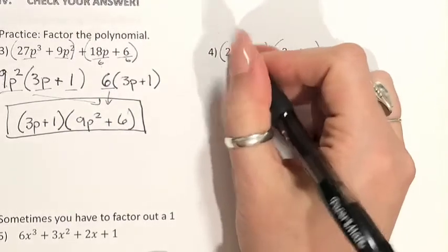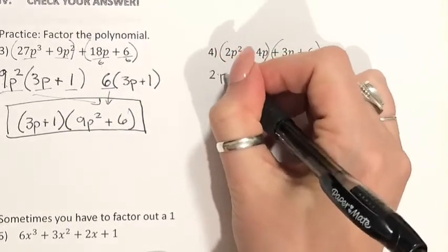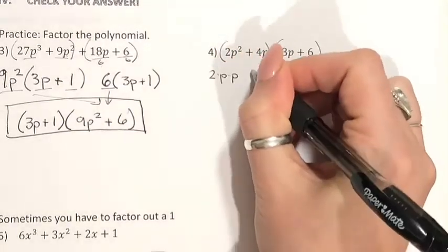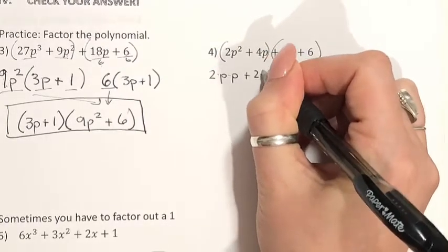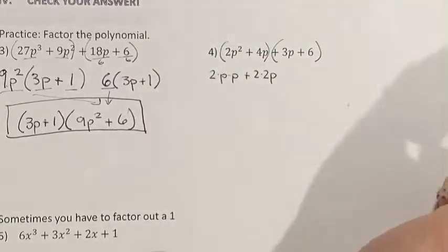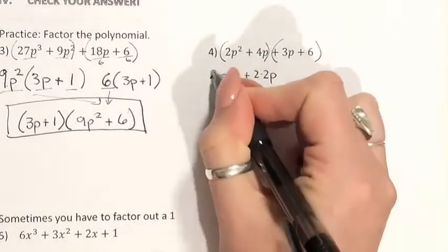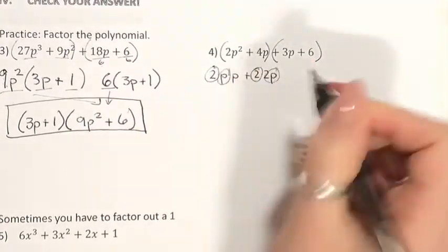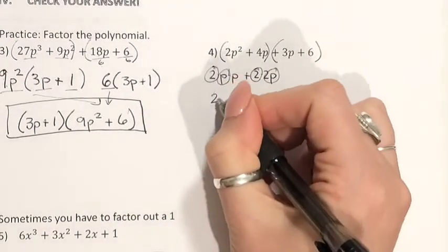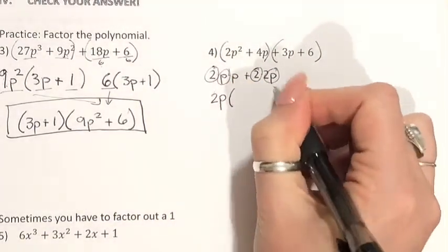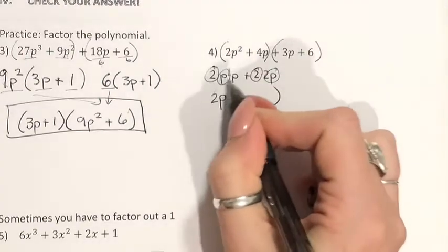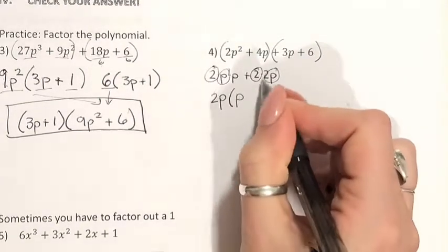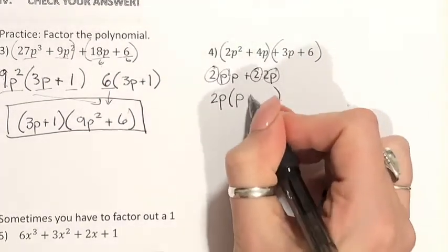So for like 2p squared, I could write that as 2 times p, and 4p I could write as 2 times 2 times p. And then we see that they both have a 1, 2 they can give up, and 1p that we can give up. And so then that would be your greatest common factor, the 2p. And then if we take 2 p's away, we have 1p left over. And then on this one, it has a 2 left over.